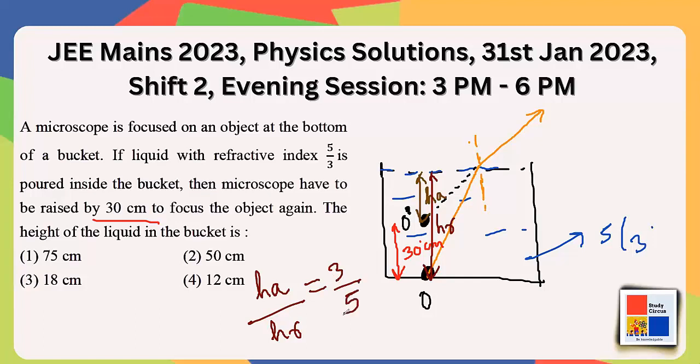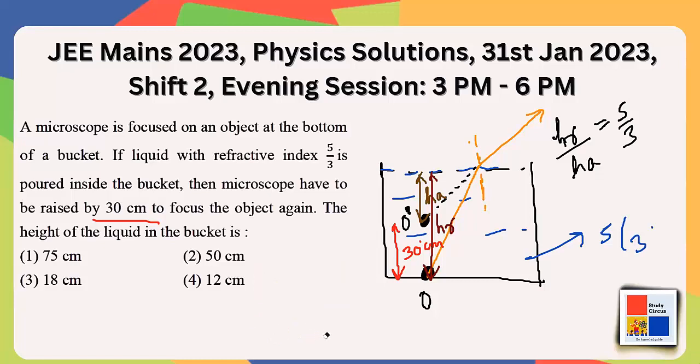So this is 3 upon 5. HA upon HR is 3 upon 5. That means you invert it: H real upon H apparent is 5 upon 3. H real is the actual depth, that is going to be more, and H apparent is lesser.